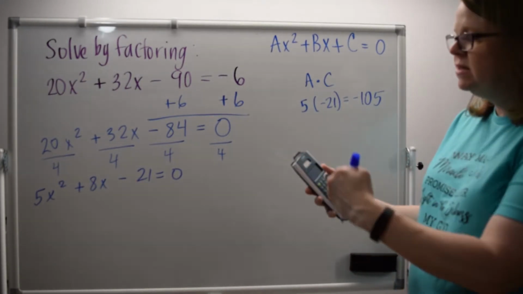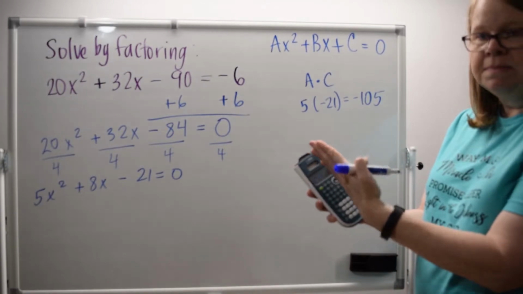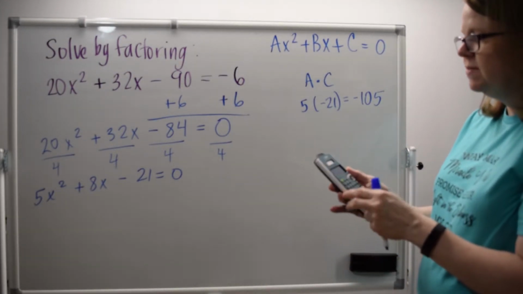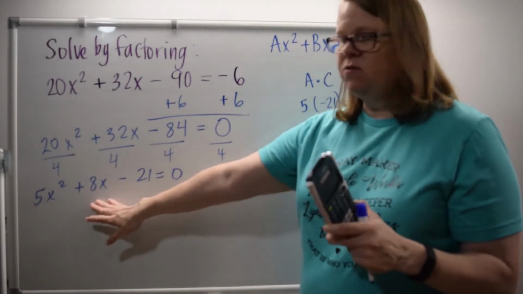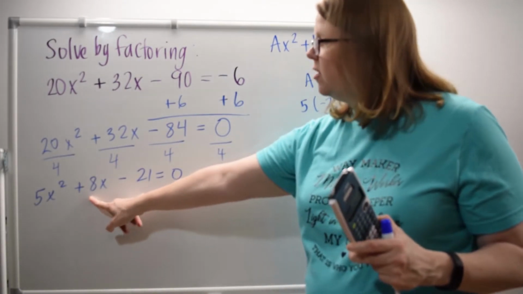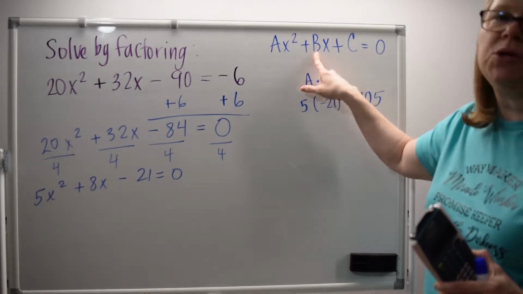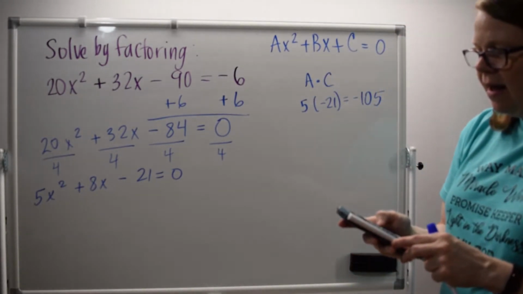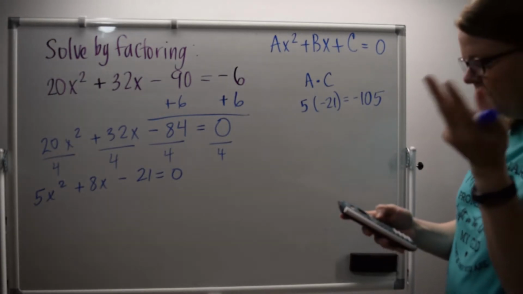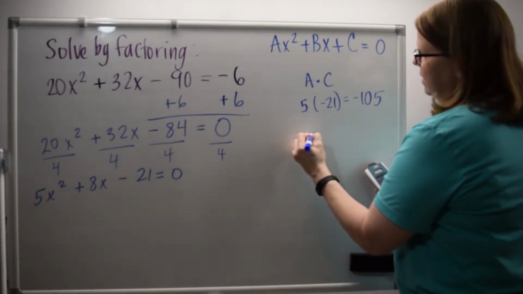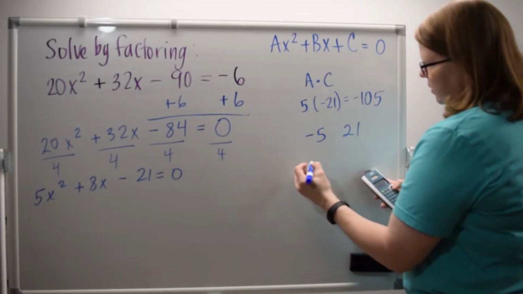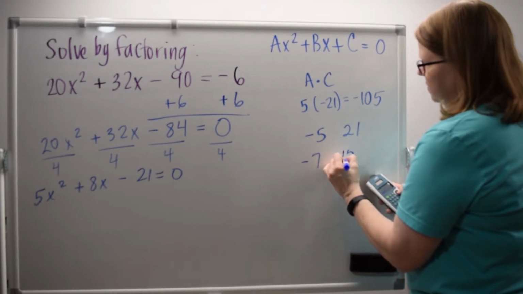And so on this table, it says x and y, and so you're looking for factors that will add up to give you a positive 8, because you're looking for factors that add up to give you that b term. Alright, so when I look through here, I notice here's -5 and 21, and here's -7 and 15.